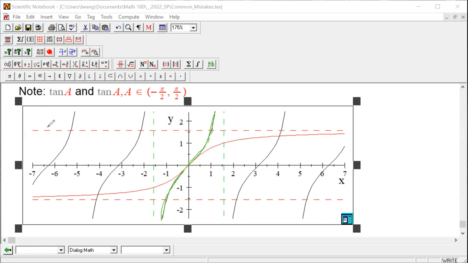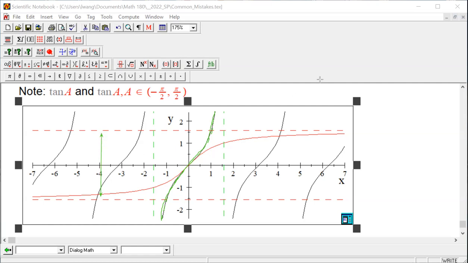So the red one, when we use the function arctangent, the output should not be outside this interval. The output for arctangent cannot be outside. It's going to be between negative pi over 2 to pi over 2.